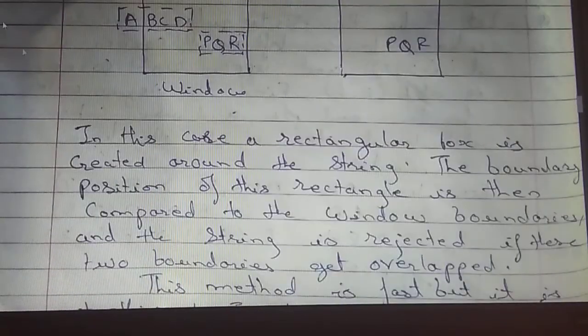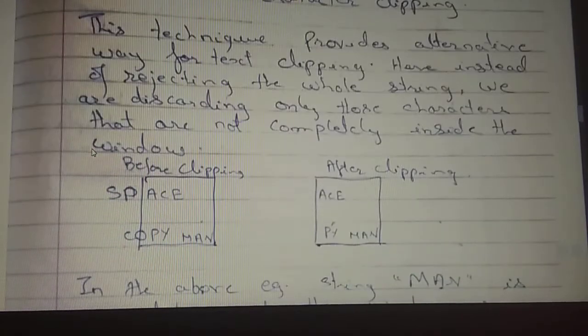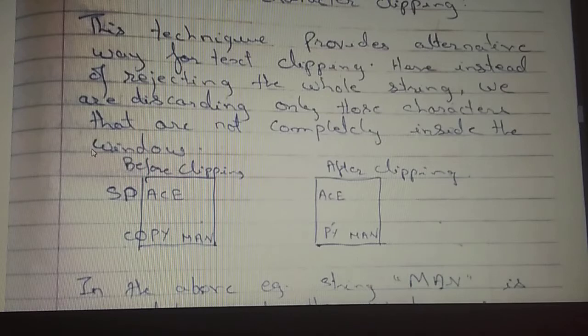Next is all or none character clipping. This technique provides actually an alternate way for text clipping. In this case, instead of rejecting the whole string, as the name suggests, we are clipping the character. We are discarding only those characters that are not completely inside the window.